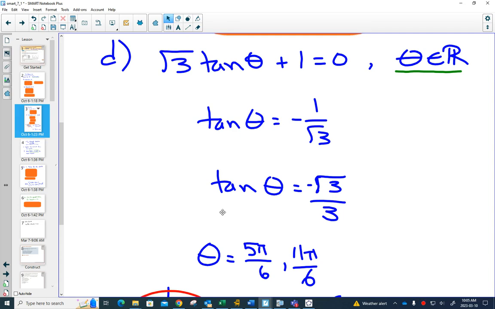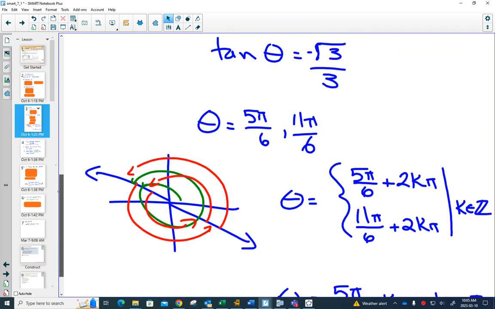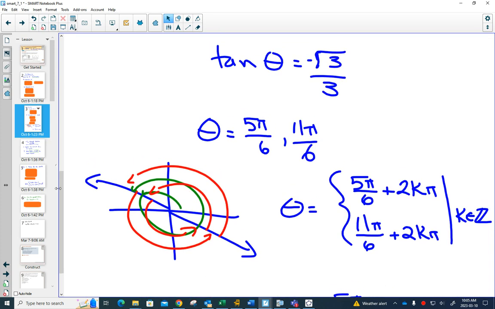So if we did that, here's a little diagram of what's happening, we'll write our answer like this now. We'll take the answers that we got between 0 and 2 pi, and then we'll write everything that's coterminal with 5 pi over 6 and everything that's coterminal with 11 pi over 6. And I think in chapter 6, we often wrote 2 pi times k.